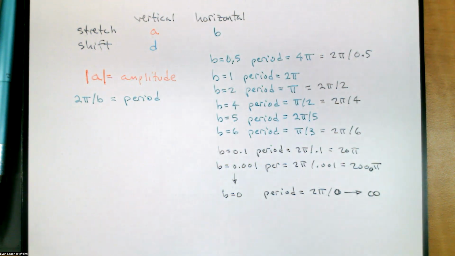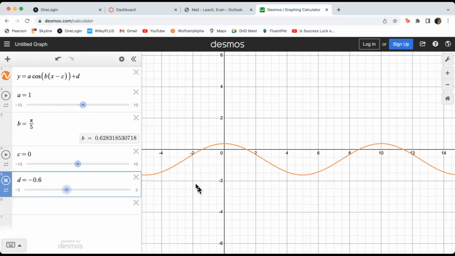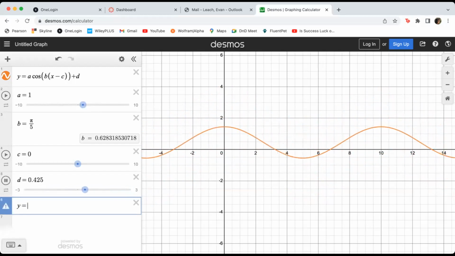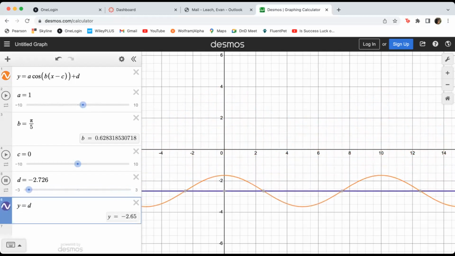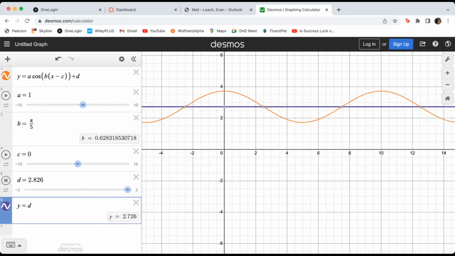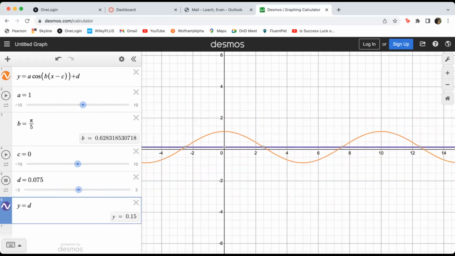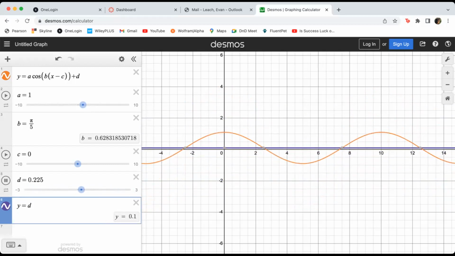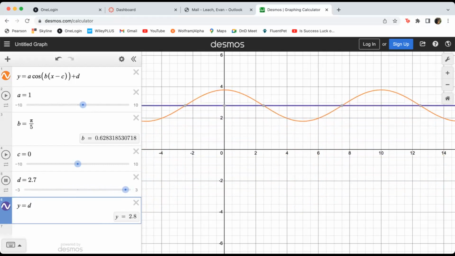Moreover, if we look at the graph, which I left running, the value of D is always going to be at the middle of our graph. I also switched from sine to cosine for reasons.